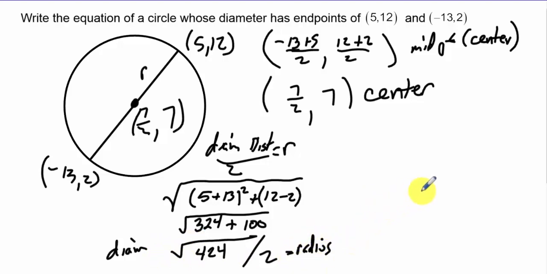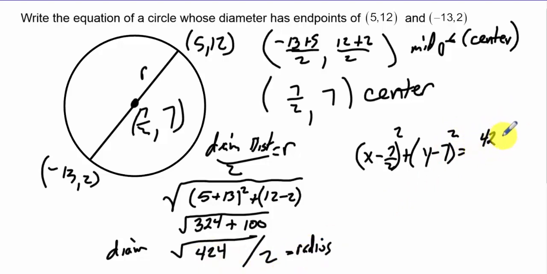And then we're going to write the general equation. So let's do that. We have a center of 7/2 and 7, so x minus 7/2 squared plus y minus 7 squared equals the radius, which is this guy, squared. So that's 424 over 4, which is going to reduce to, I believe, 106.